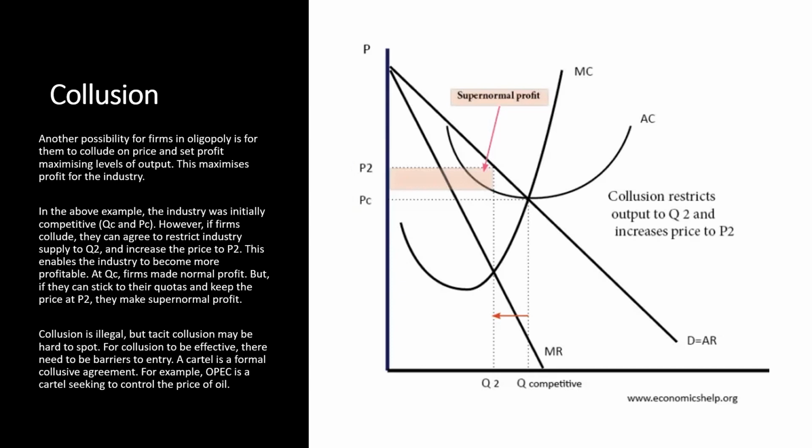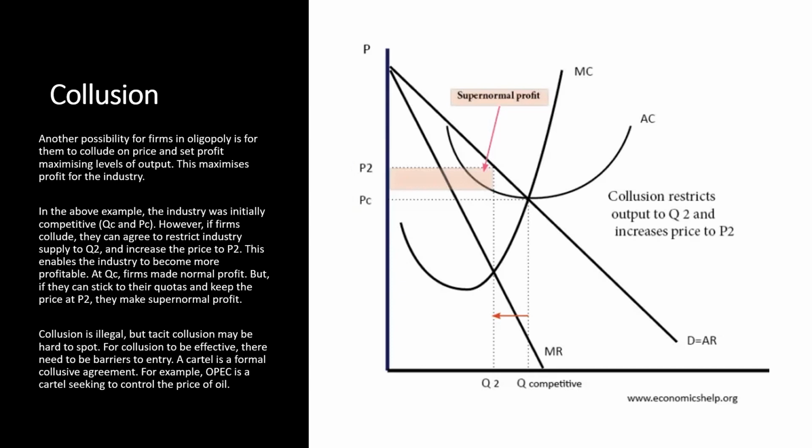So in the example just here in the diagram, it shows that the industry was initially competitive, right? So it shows that they were just competing normally. However, if firms can agree, so if you look at Q, you can see when it was a purely competitive firm, it's called QC.